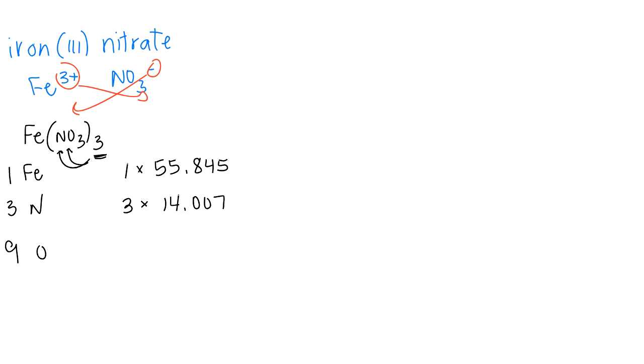And 9 times oxygen, which we said we can just round up to 16. So that's 55.845. 3 times 14.007 gives us 42.021. And 9 times 16 gives us 144.